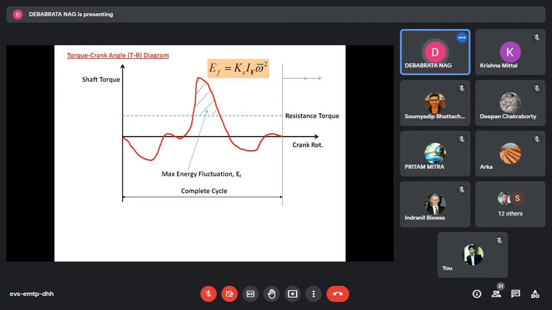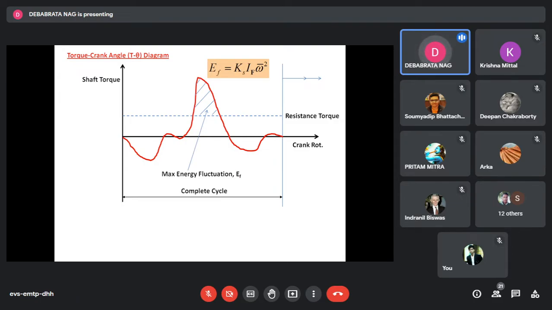So there is a fall in speed of the engine, and the reverse will happen in this phase, right? So engine speed will fluctuate, it goes up. If you do not use any flywheel in your system, there will be a wide fluctuation. The speed will fall like anything, and again the speed will shoot up like anything.